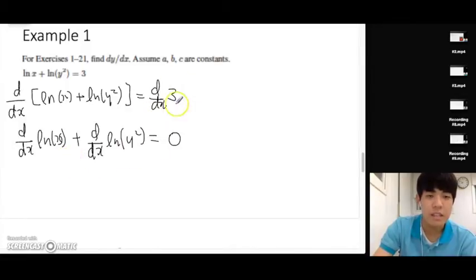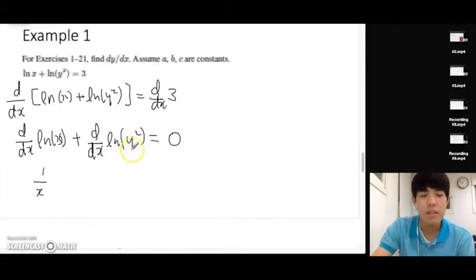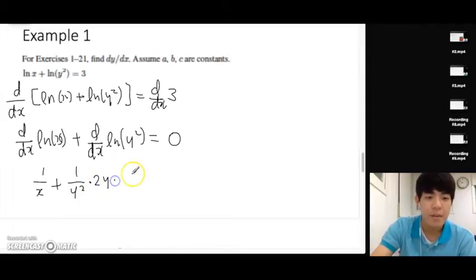As the derivative of a constant is always 0, and we know that the derivative of ln x is 1 over x, we can rewrite this as 1 over x, and we can take the derivative of the second term similarly to the way we did when we were deriving the circle equation. So this would be 1 over y squared multiplied by, first using the chain rule, 2y, and then dy/dx, which equals 0.